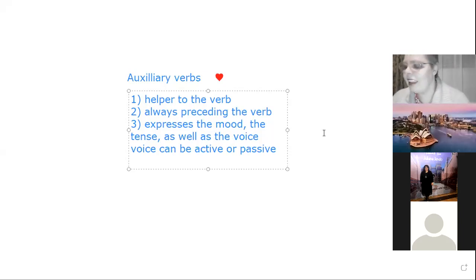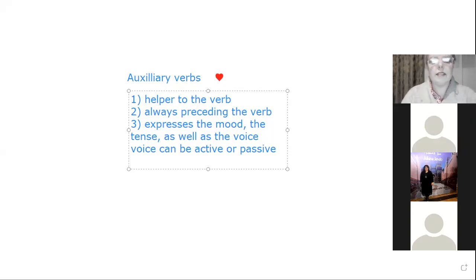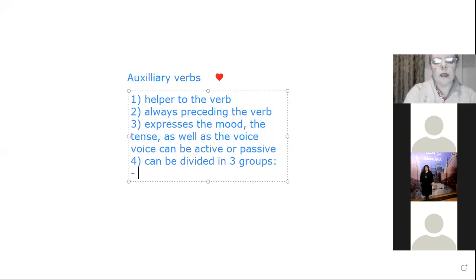Okay. Then it can be divided into 3 groups. This is very important because it actually determines how the auxiliary verb works. The first one is to be. To be is am, is, are, was, were, being.